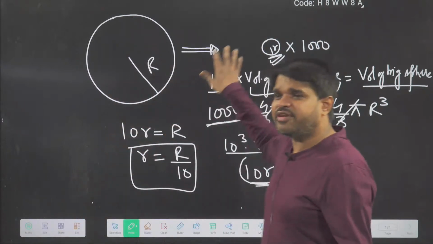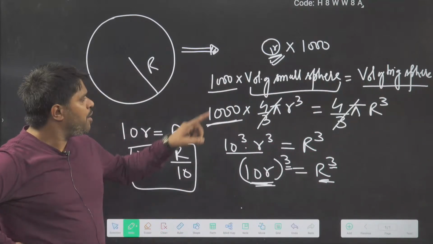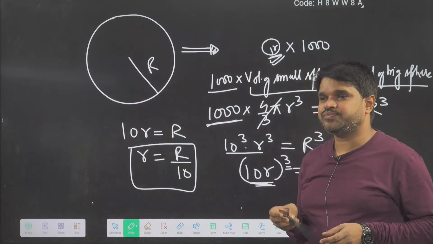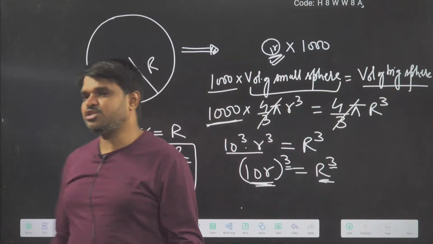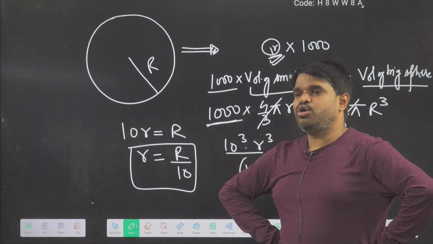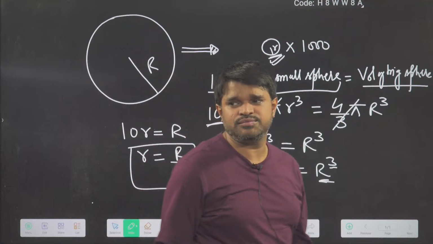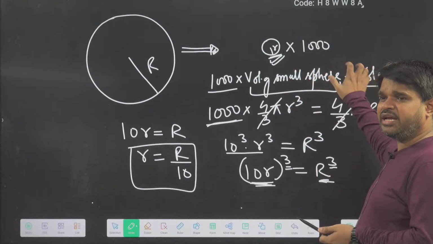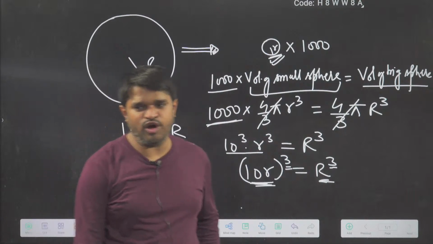After copying it, write: if multiple small spheres combine together to form a big sphere, the same mathematical approach should be followed.